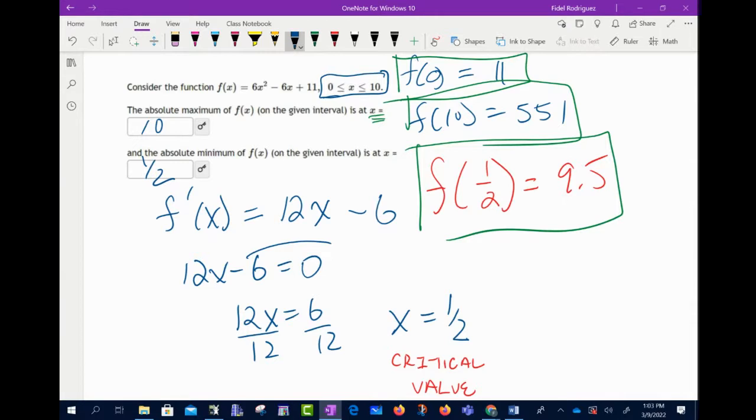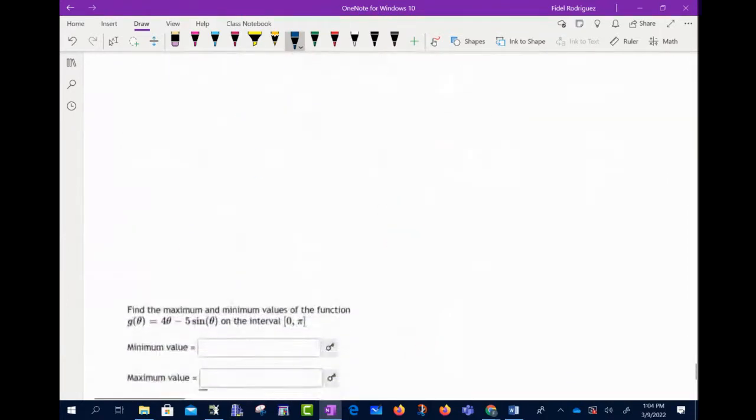Yeah, so guys, remember, your critical value gets evaluated as long as the critical value falls within that closed interval. You're looking at the 9.5? Yeah, but remember, the interval that I'm looking at is this one here, right? Okay.